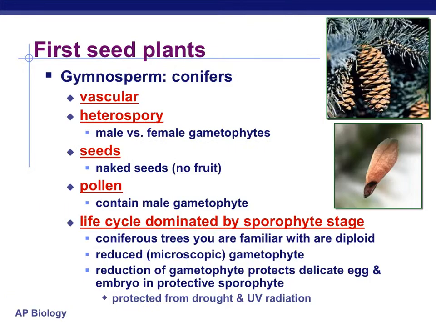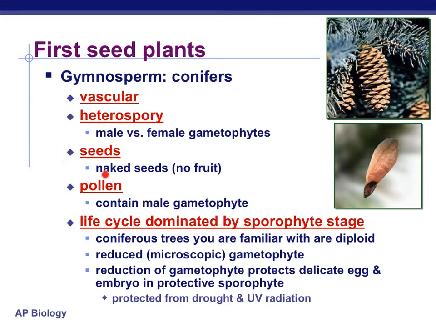Again, on the scale of things, understanding the Gymnosperms, most of what we would be used to here would be the conifers that you are familiar with in this part of the country, of course. The thing to understand is that this is where seeds would develop.